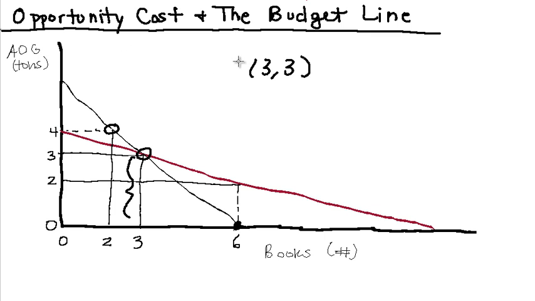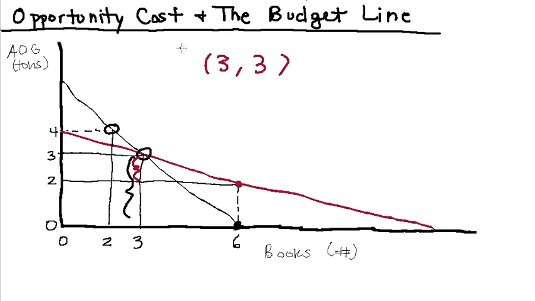Now, let's think about this same question, but suppose instead that I am faced with the purple budget line. So I am still at 3-3, and we want to think about what the opportunity cost is of acquiring 3 more books. So I simply move along the budget line 3 horizontal units to the right there, and I see that I have to sacrifice 1 unit of all other goods.